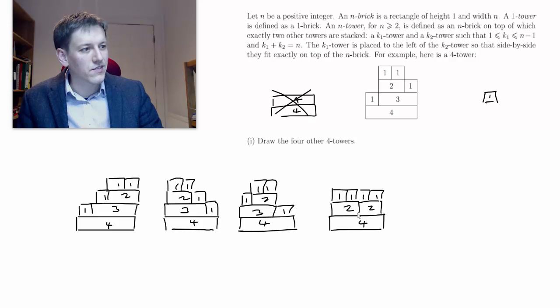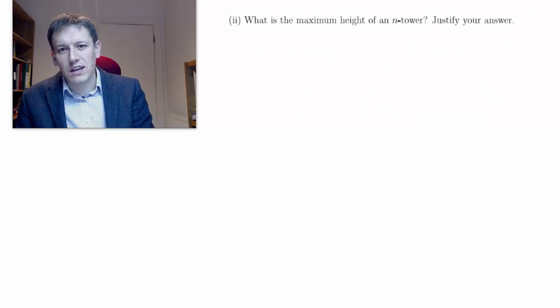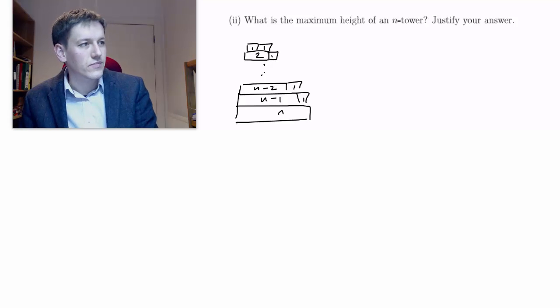So I clearly can't have something more than height n for that reason, and n is attainable by just creating a tower that if I start with n here, whatever that is, I can have n-1 and 1, and then n-2 and 1, all the way up until I get to something that's going to have a 2 and a 1, I guess, and then a 1 and a 1, and that's the end.